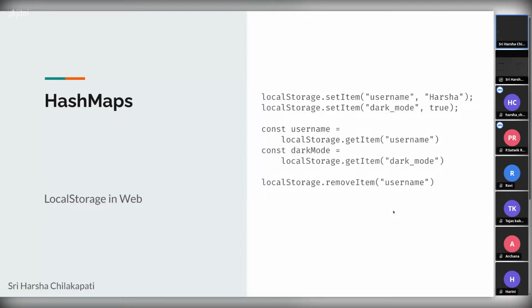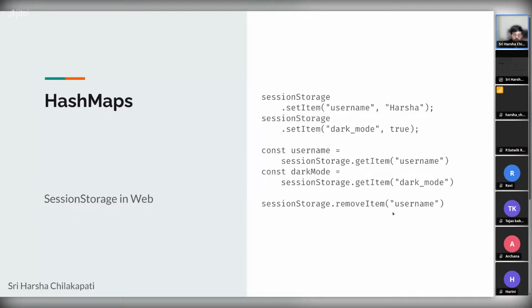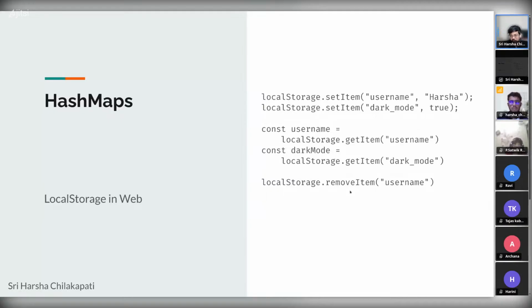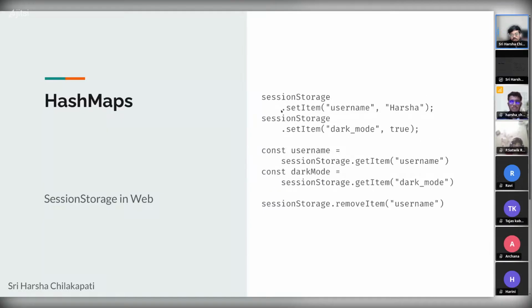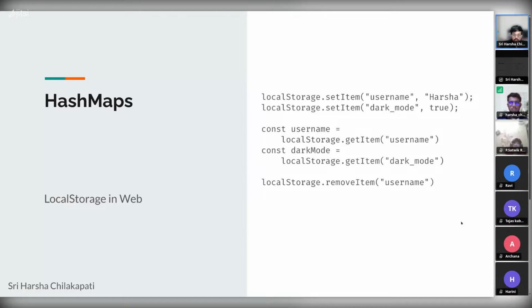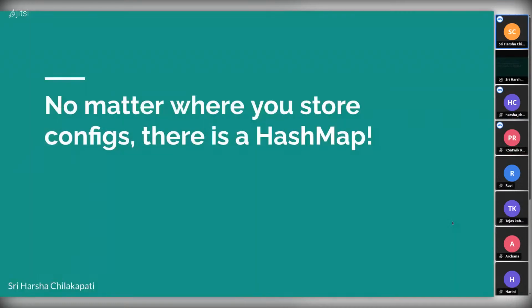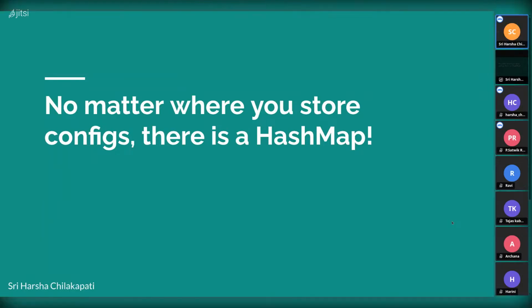In web there is also session storage. The API difference between local storage and session storage is nothing; only instead of local storage you write session storage. The only difference is whatever you set in session storage will get completely cleared when the user reloads the page, and in local storage, it will be persisted. And no matter where you store the configs, there is a hash map.